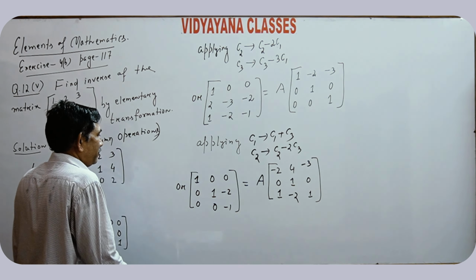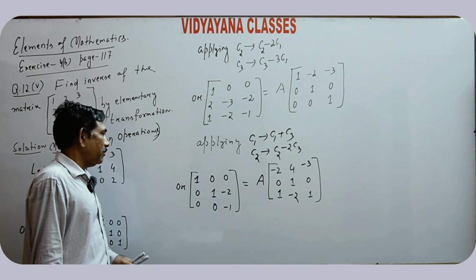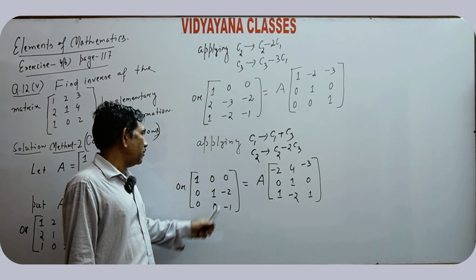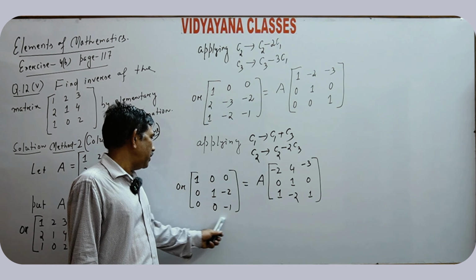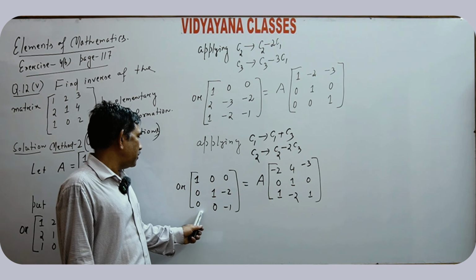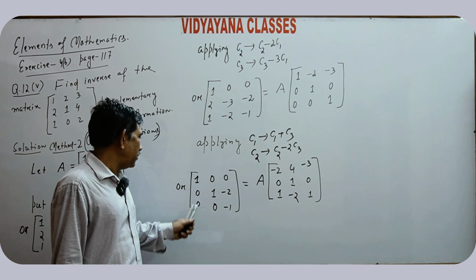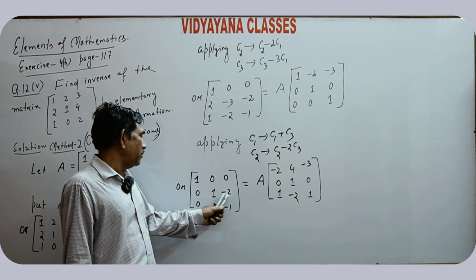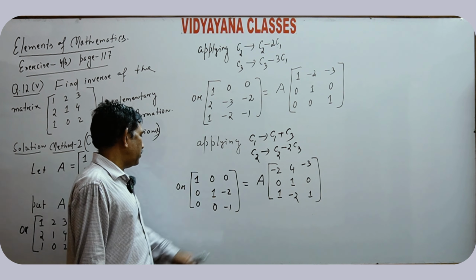Again we apply the column operation, changing the elements of column 3, row 3, that is 0. Now the elements of row 2, 0, 1 and 0, it will be 0.